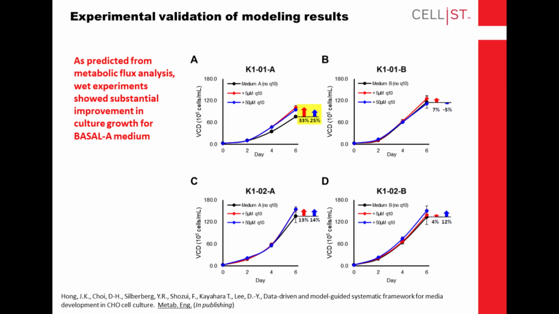That shows an increase in the VCD, actually for 2 cell lines, but for 1 cell line in particular. I'm sorry, I'm going very quickly on that, but I would like to mention that you can see this publication soon. It will be published in Metabolic Engineering.